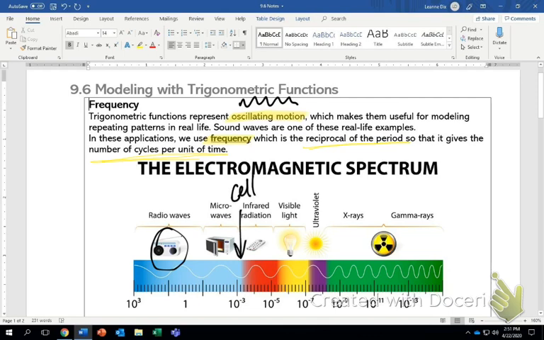If we didn't understand frequency and oscillating motion, and didn't have a way to calculate, predict and model it with sine and cosine, we wouldn't have cell phones. Of course, as you increase your frequency, or your wavelength, we start getting into some more hazardous stuff.